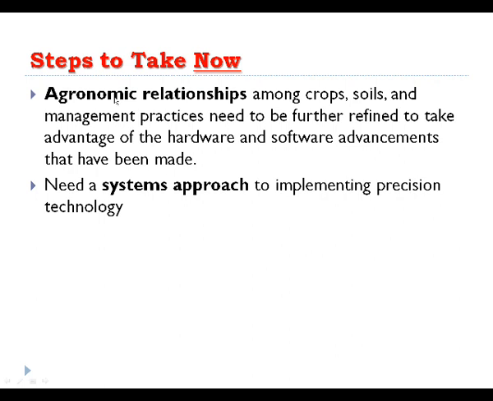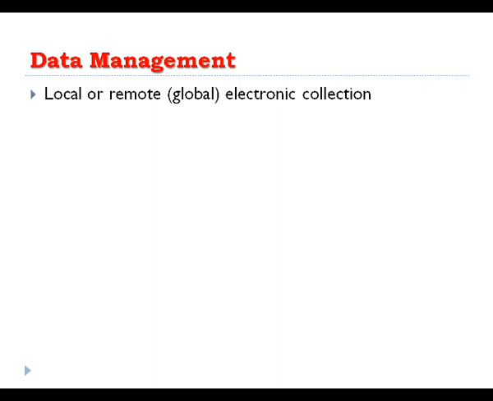Steps that we need to take now are to define and develop those agronomic relationships and to take that systems approach to implement precision technology. Another part is data management. That's one we don't think about a lot, but whether we're working at a local level or a global level, we can use remote data collection and electronic systems.